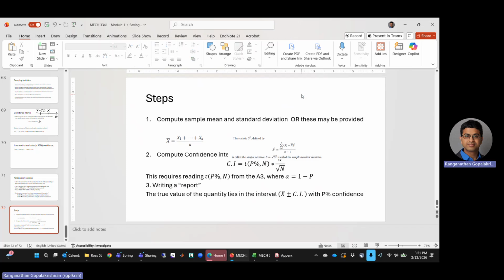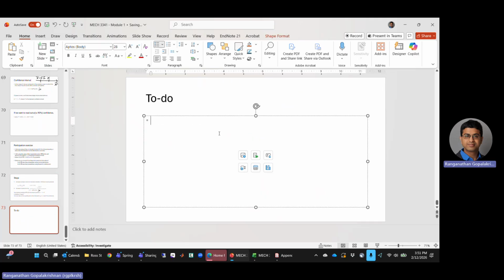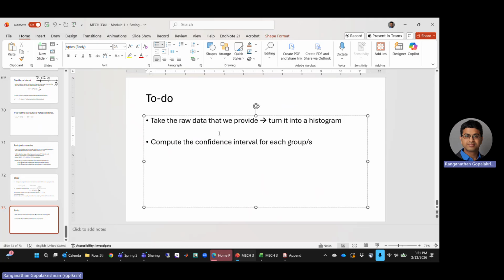Any questions before we move on? We have some time for an example. So for next class, the homework for you is to take the raw data that we provide and, for your convenience, turn it into a histogram. Compute the confidence interval for each group or sample that we generated.